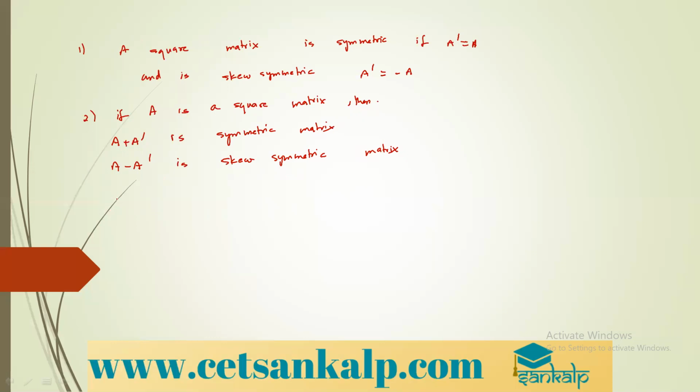Then A A dash, A dash A and A square are symmetric matrices. Every matrix A can be written as sum of a symmetric matrix and a skew symmetric matrix.